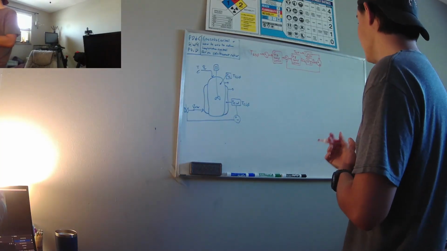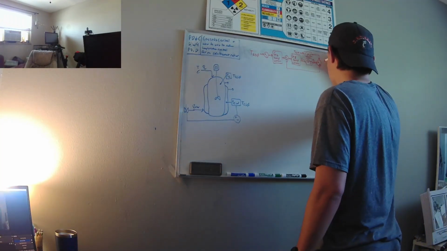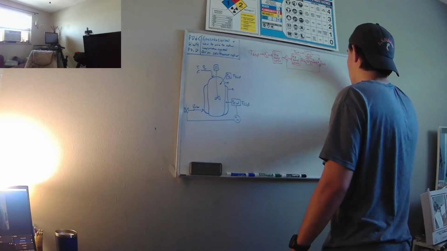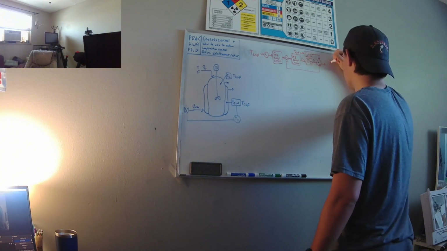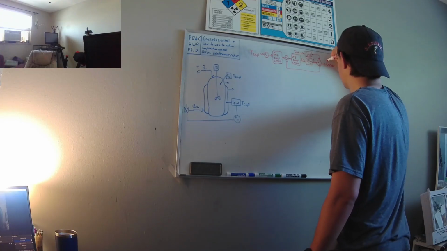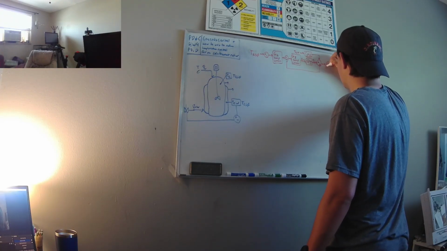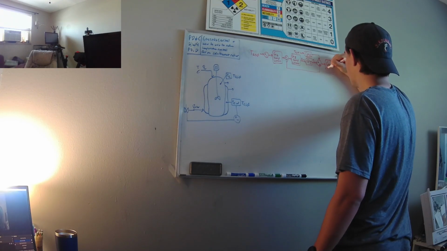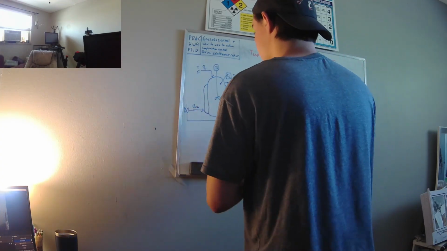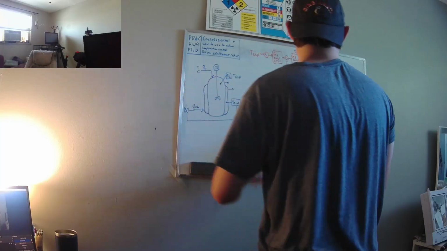Coming out of our jacket control, we're going to be looking at the process transfer function for our actual reactor. So we're going to say our G reactor is up next here.